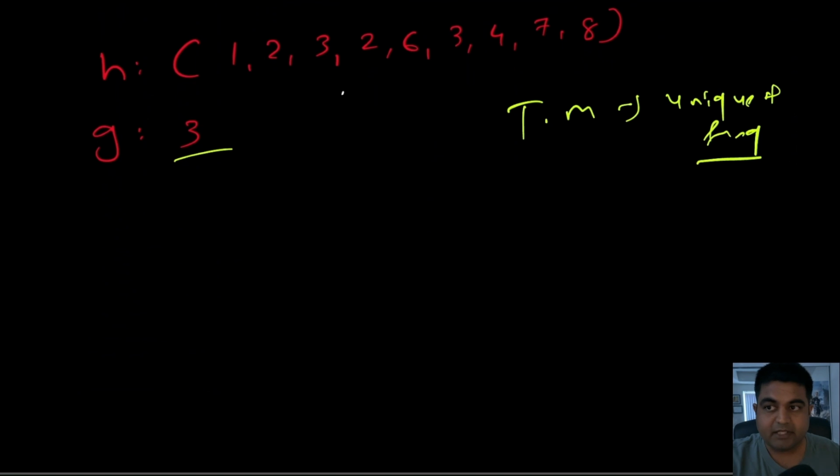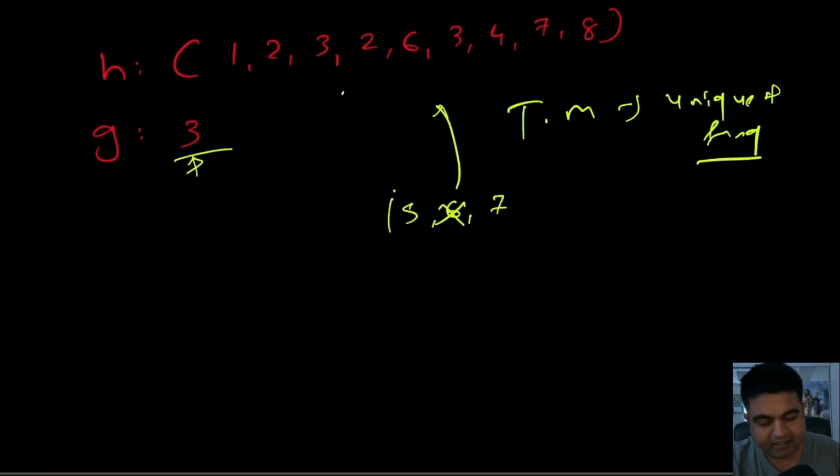We need to make sure that if the starting value of a group is, let's say, 5, and the group has to be of size 3, then the next value has to be 6 and the next value has to be 7. If we can find 6 over here, that's great. If we cannot find 6 at any given moment, we can directly return false, saying that this group is not able to be made. So let's see my solution in action.